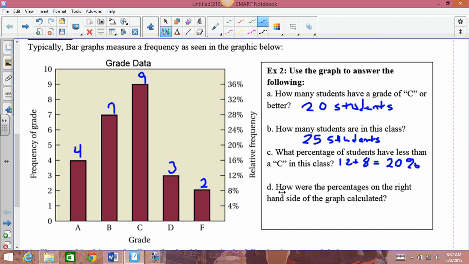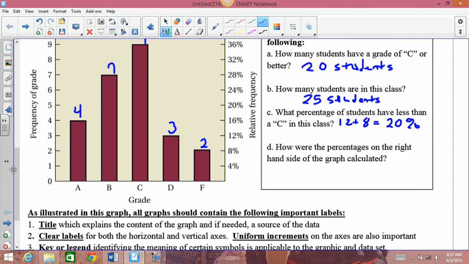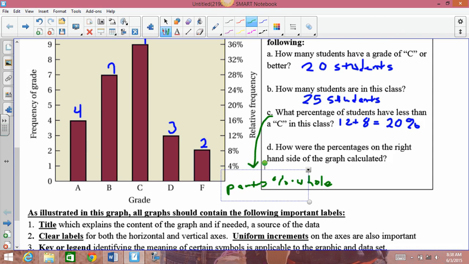And it should be noted that you could have easily found these percentages yourself. If you remember from our last section, we had that formula, part equals percent times whole. For our part equals percent times whole from our last unit, if we were thinking about here in part C, the number of students who got a grade less than a C, that'd be 5 students.